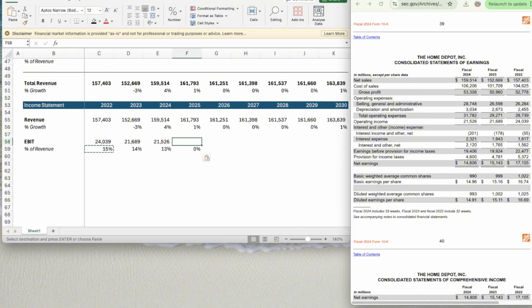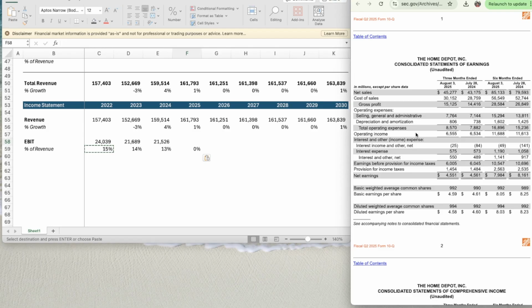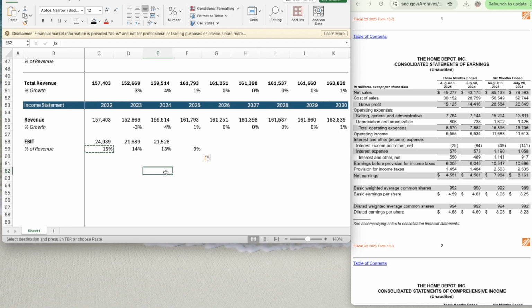Now for 2025, let's see what it was doing. So total operating income, okay. So it's 11,688. So it's fairly similar to last year. And last year came to 21526. So let's see what that is. So 1.85.